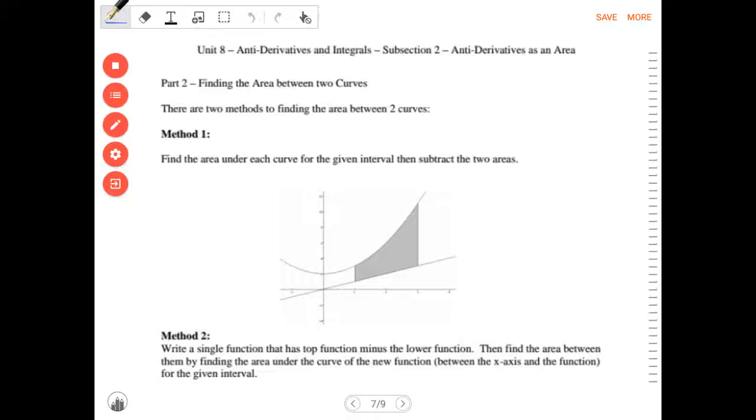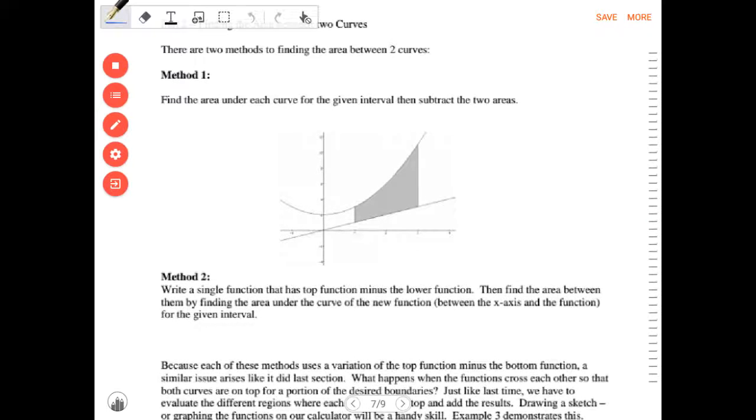There are two methods to do these, and I like method 2 better because it's just less math, but you can choose. Method 1: find the area under each curve for the given interval and then subtract. If we use last section's method, we figure out the area under this curve all the way to the x-axis, which gives us a number.